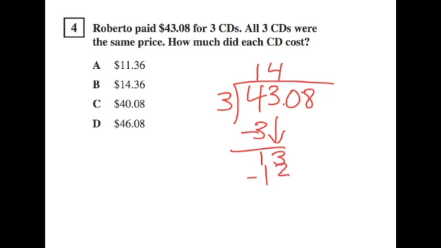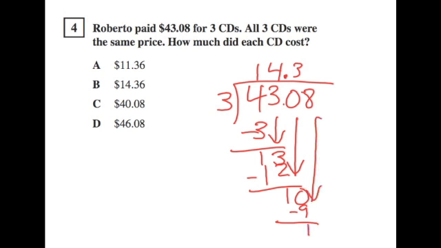That's 12. Remainder of 1. Bring down the 0. Don't forget the decimal point here. 3 goes into 10 3 times. That's 9. Remainder 1. Let's bring down the 8. 3 goes into 18 6 times. And minus 18 will give us 0. We're done. Our answer is $14.36 for each CD.